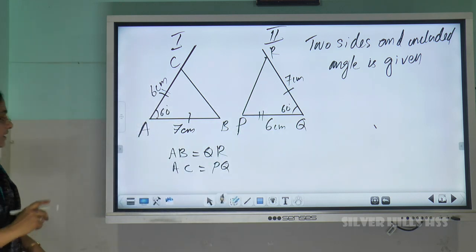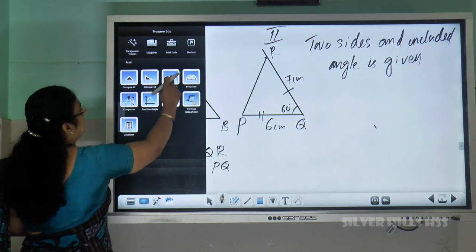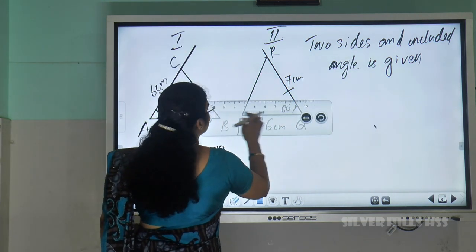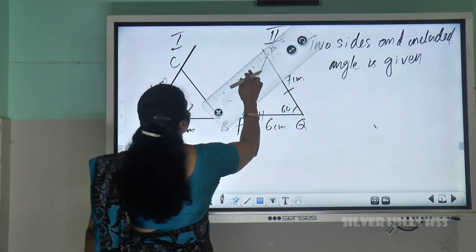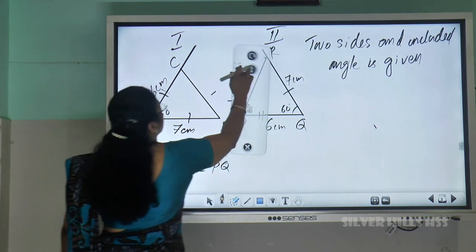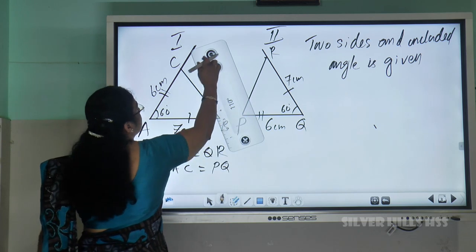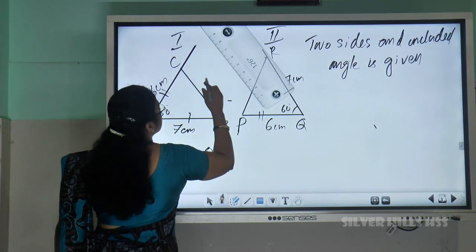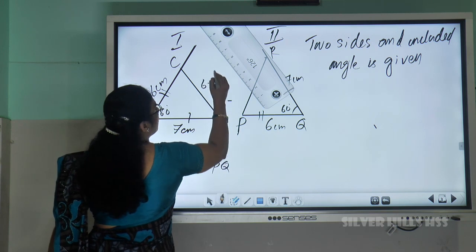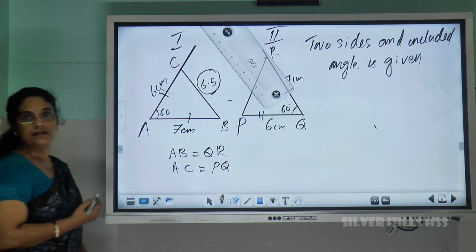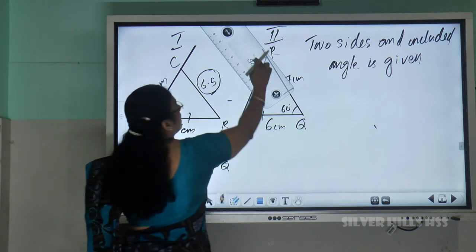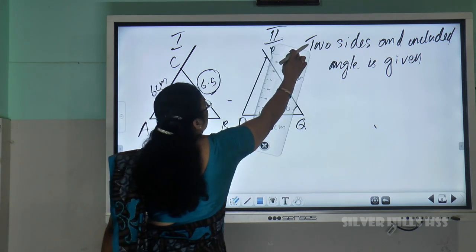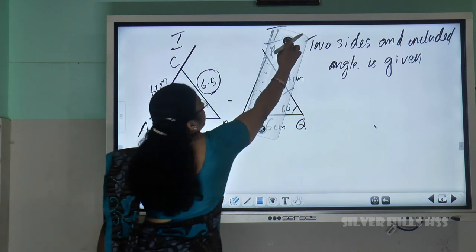Then the third side, what is the measurement of the third side? We can measure the third side. First we measure the third side of triangle ABC. This is 6.5 centimeter. And next we come to the third side of triangle PQR.